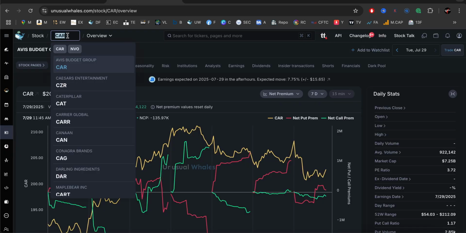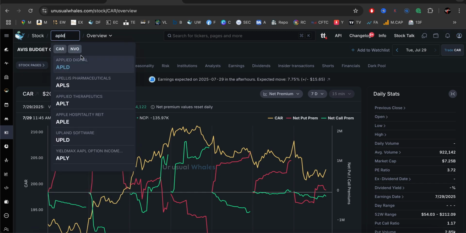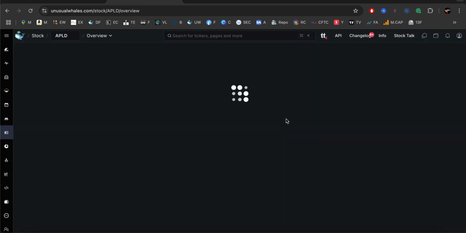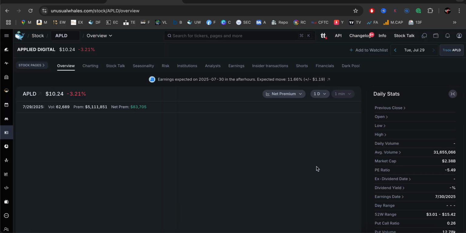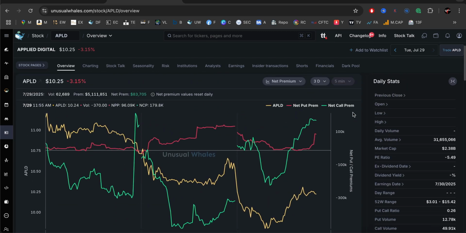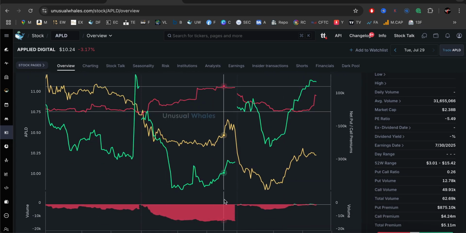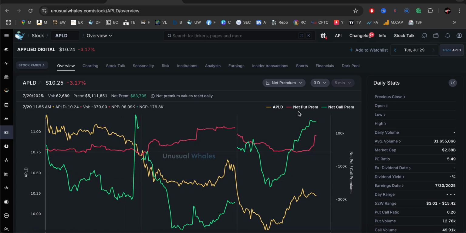Another thing, let's look at the premiums. Going into their earnings report, I want to know what's going on with the net premiums. So far it looks like a little bit of call buying and put buying against today's price action. But yesterday, more people were buying puts and selling calls, and the day before, same thing.